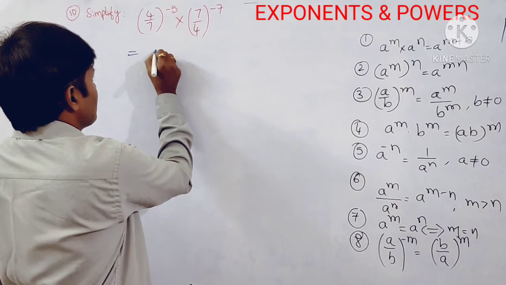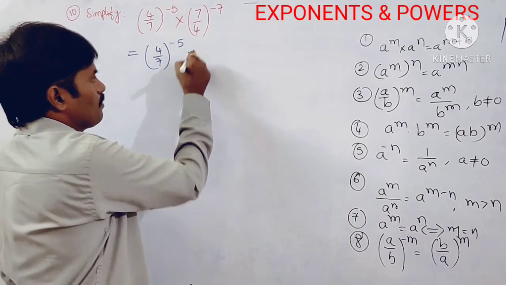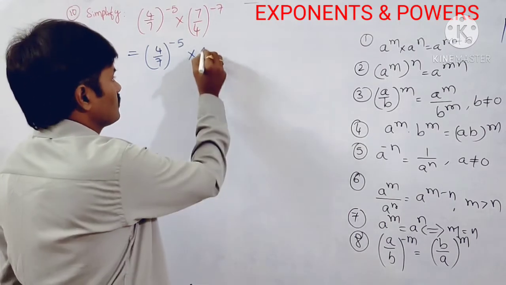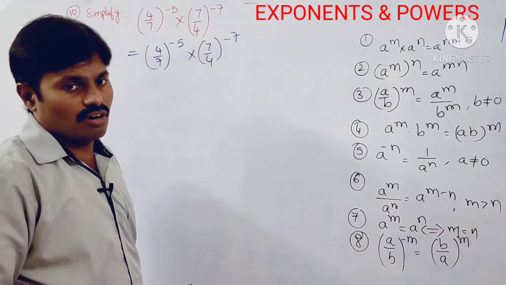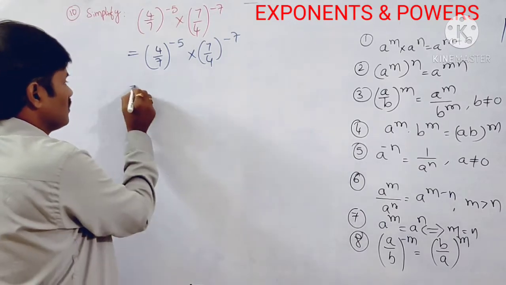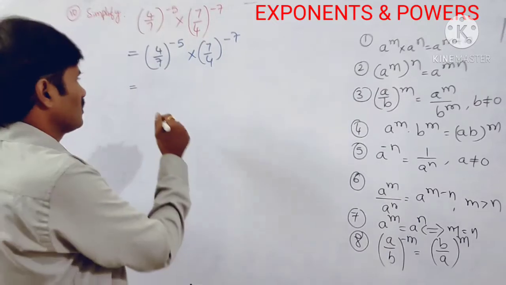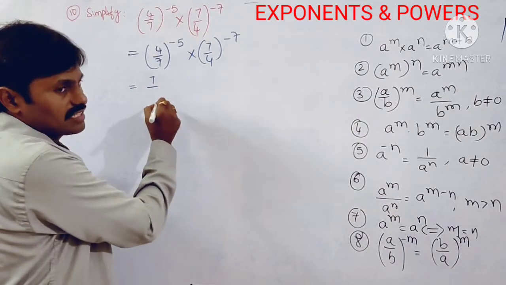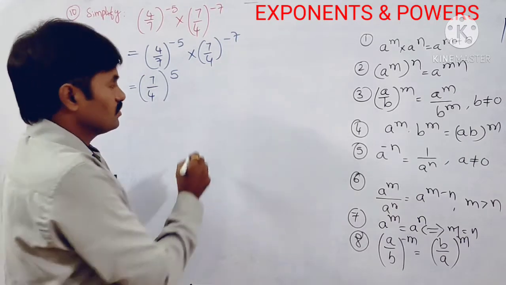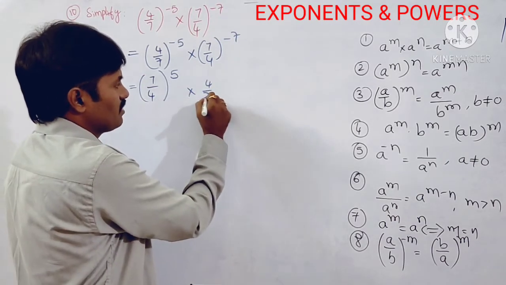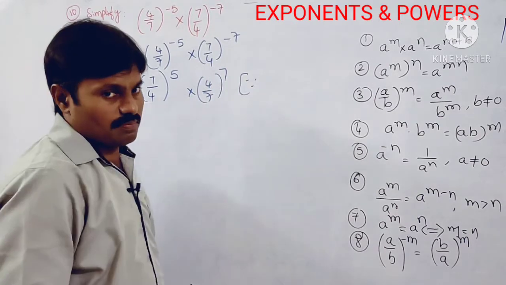The given expression is (4/7)^(-5) times (7/4)^(-7). I am trying to change the negative exponents into positive ones, so I write the reciprocal of the base: (7/4)^5 times (4/7)^7.